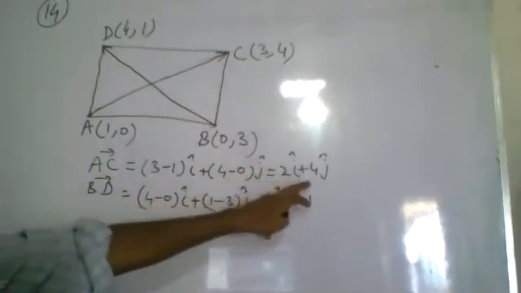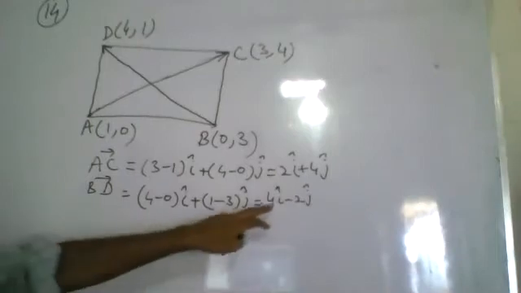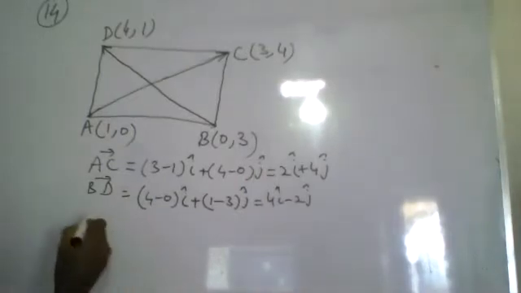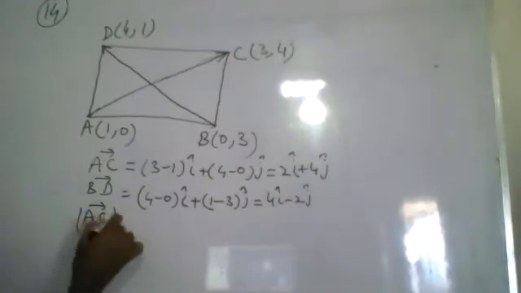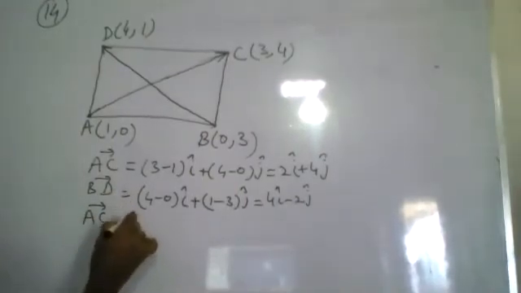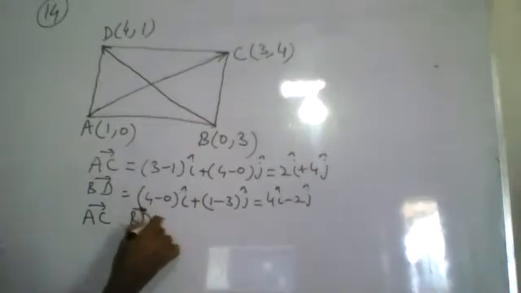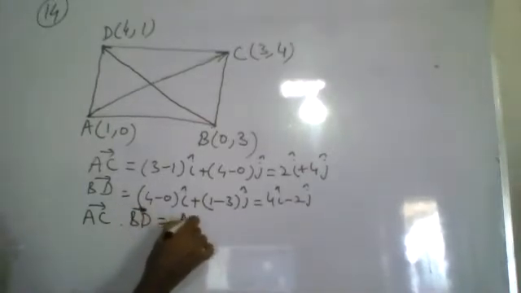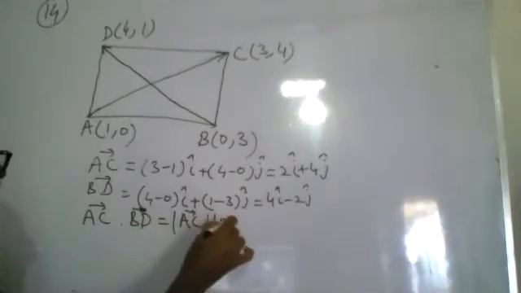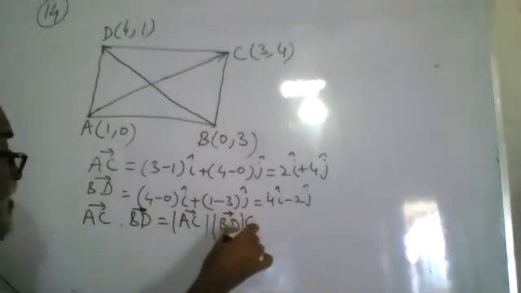AC is 2i plus 4j, BD is 4i minus 2j. After that we will take the dot product, vector AC dot vector BD, equal to the magnitude of vector AC into the magnitude of vector BD into cos of theta.